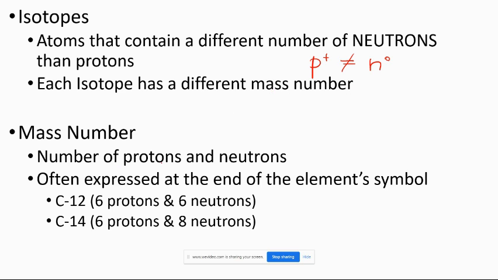The mass number is the number of protons and neutrons. So if I want to figure out mass number, what do I have to do? If it's the number of protons and neutrons, how do I figure out the mass number? Add them up. Yep. So protons plus neutrons gives me my mass number.